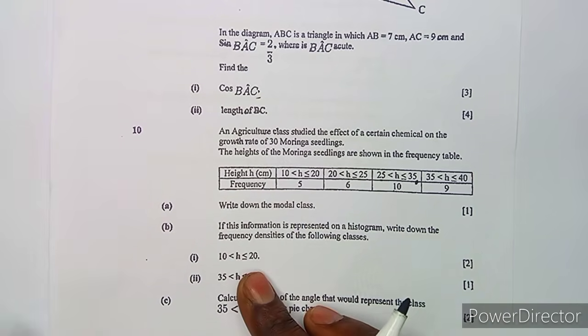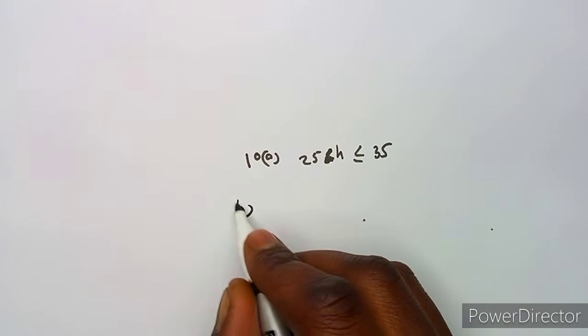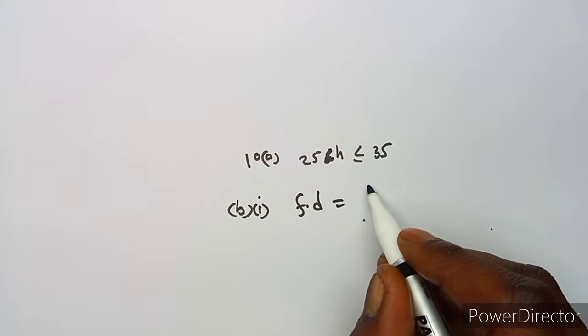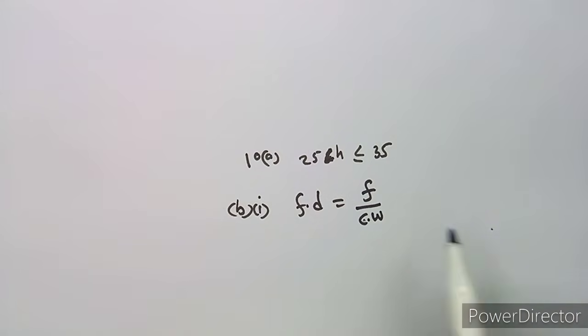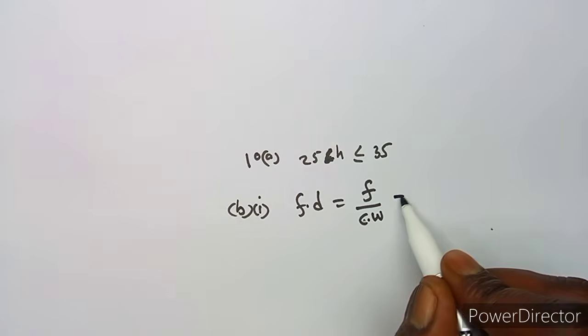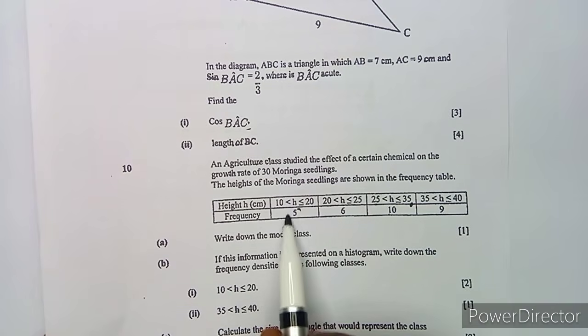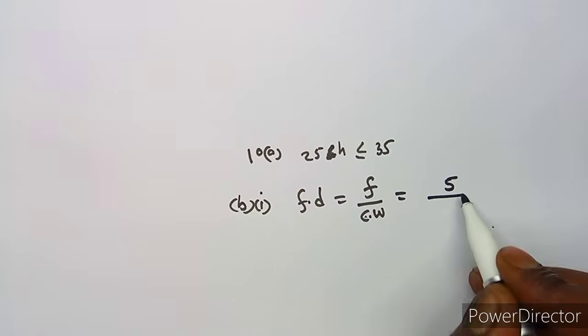We know that frequency density, guys, comes from this formula. Frequency density, remember I told you, is frequency over the class width, the frequency of that class over the class width of that class. So the frequency of 10 to 20 is 5. So that is 5 over the class width.